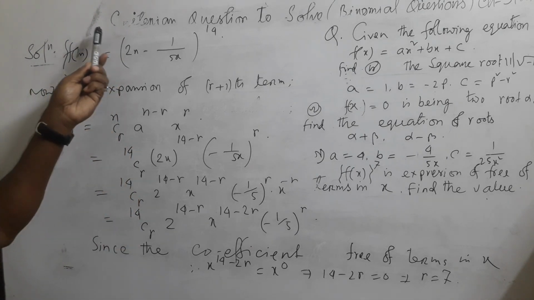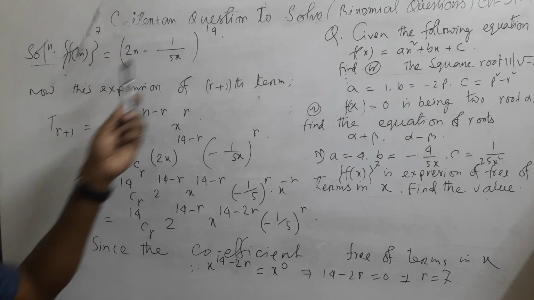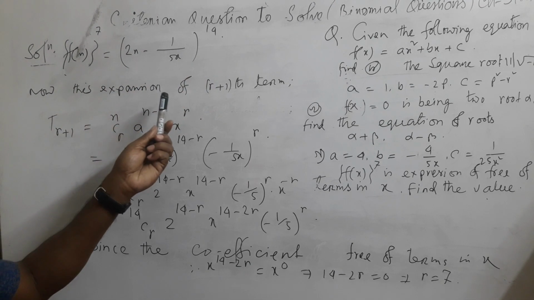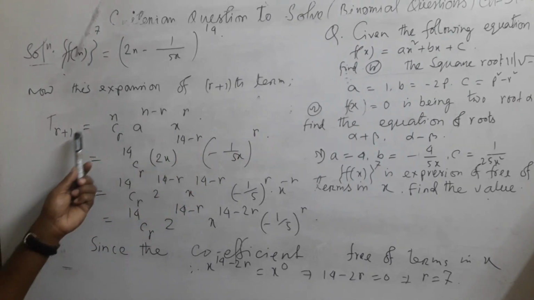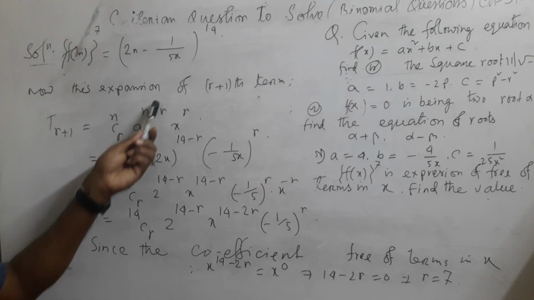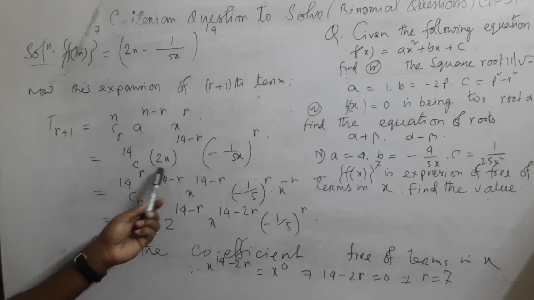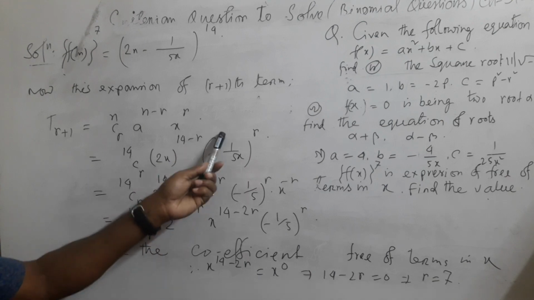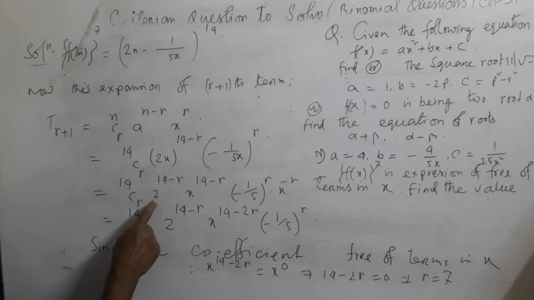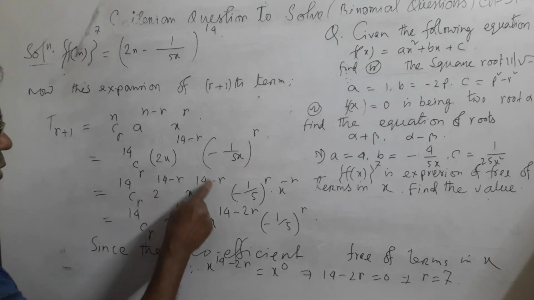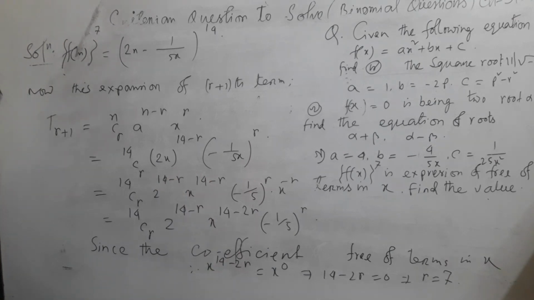So f of x to the power 7 is (2x minus 1 by 5x) to the power 14. Now this expansion of r plus 1 term, t r plus 1 equal to nCr a to the power n minus r x to the power r. So 14Cr (2x) to the power 14 minus r (minus 1 by 5x) to the power r.